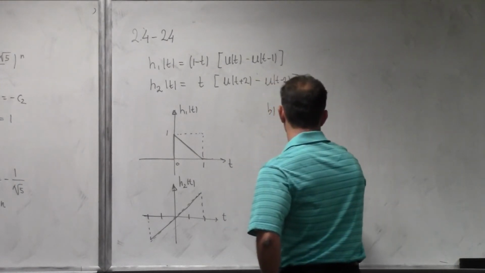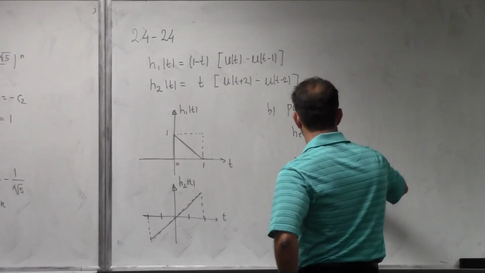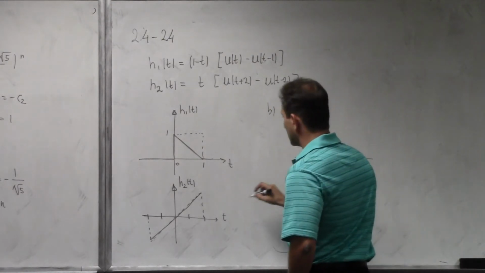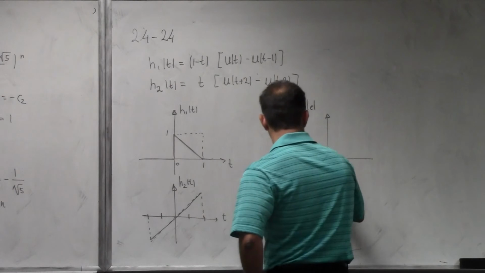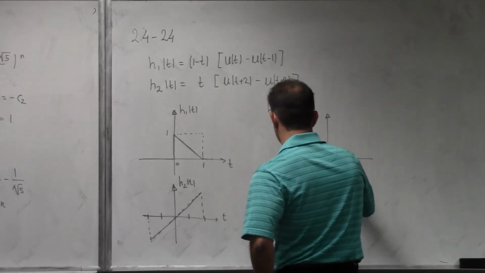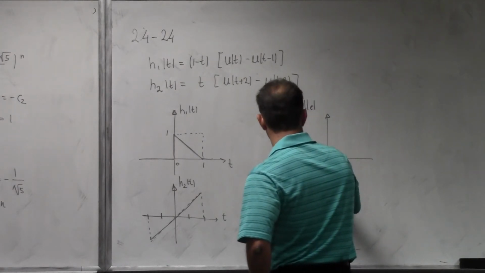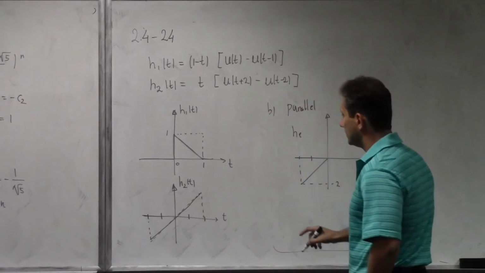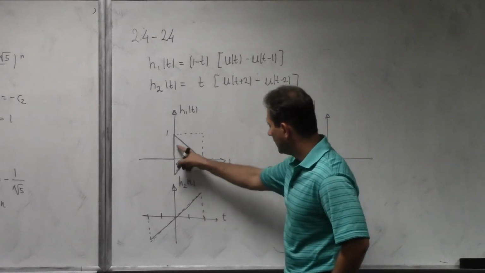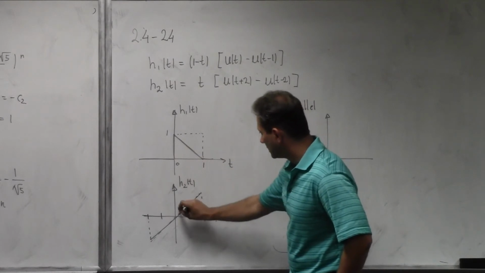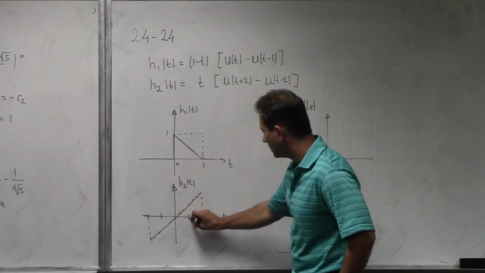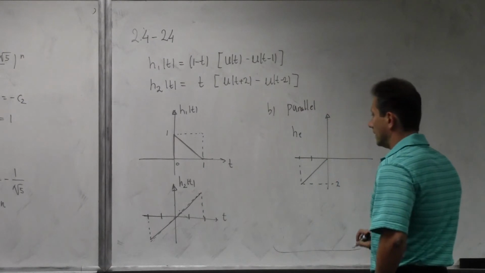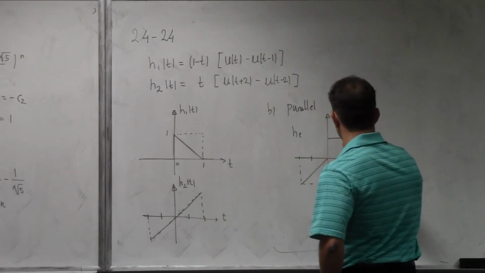I'm just going to sketch it and not worry about the mathematical formulation. Before 0, I have this. Actually, minus 1, minus 2. So it goes to minus 2 here. And then here I have to add this to this. So essentially there's one guy here. So it goes as a square.